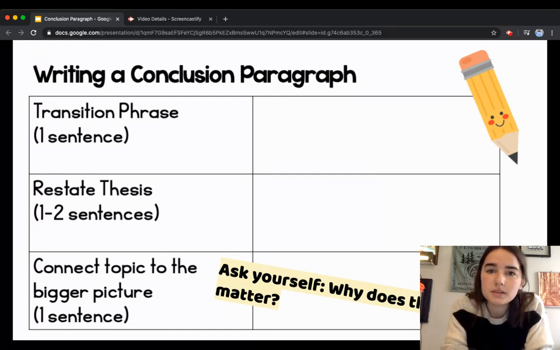We're going to change it up a little bit and use new words to state the same foundational idea that was said at the beginning of our essay. We are then going to end with the power punch. We are going to connect the topic to the bigger picture. So when we're doing this, I need you to ask yourself, why does this topic matter? Why does the civil rights movement matter?